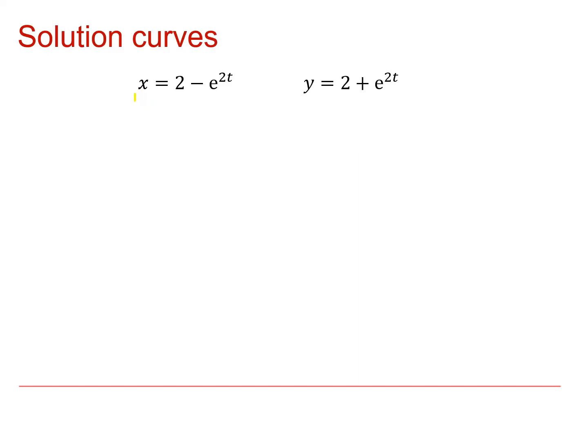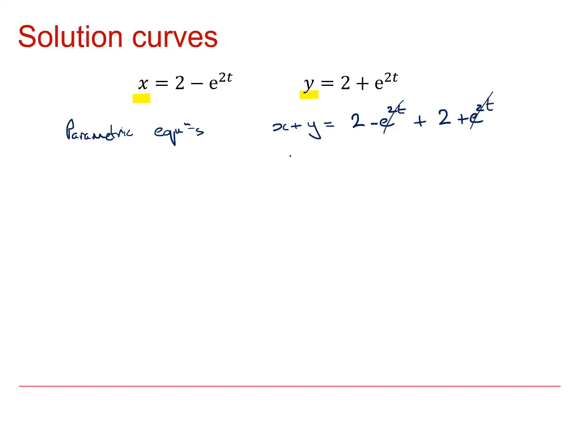So what about the behaviour of x against y? If we think of this as a pair of parametric equations with parameter t, so x is some function of t and y is some function of t, then if I add x and y together, x plus y is going to be 2 minus e to the 2t plus 2 plus e to the 2t.